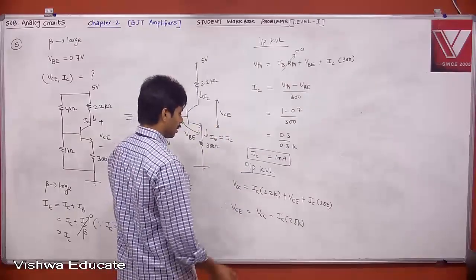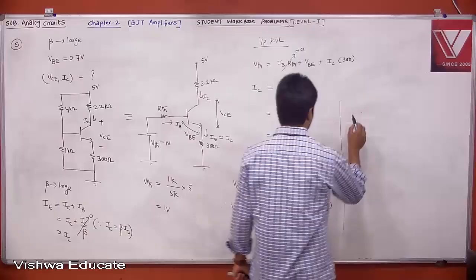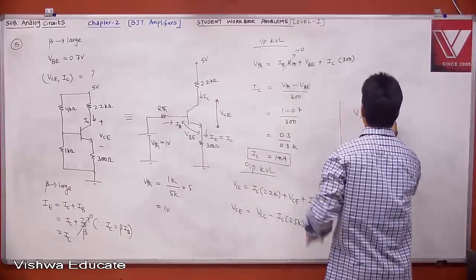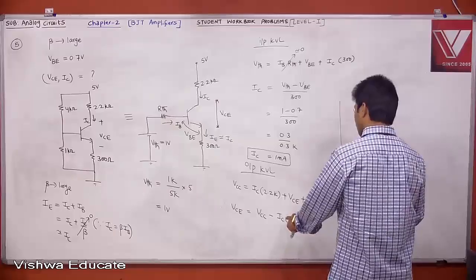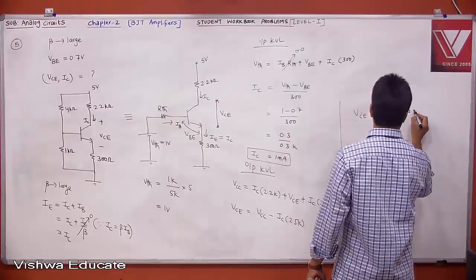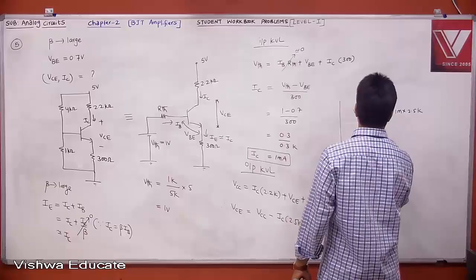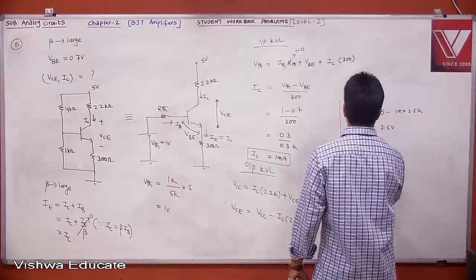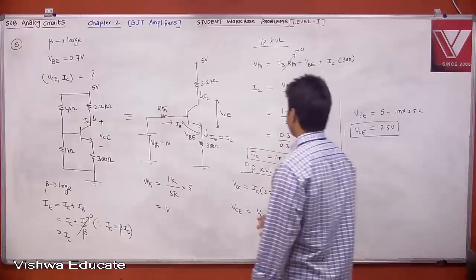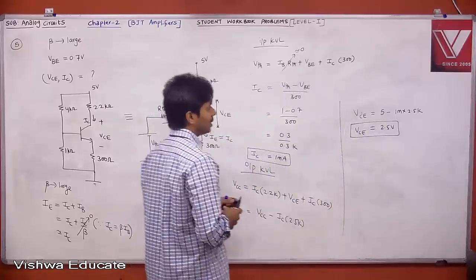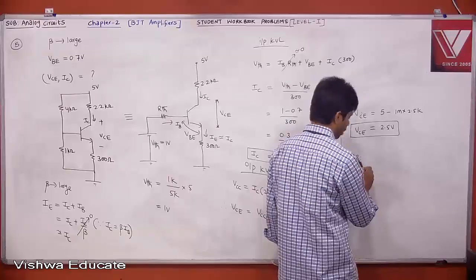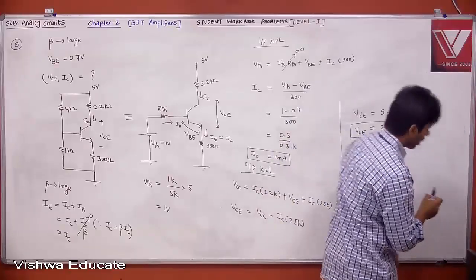That's it. Your VCE is equal to VCC 5 volt minus IC, already calculated 1 milli, into 2.5K, which is 2.5 volt. Therefore, IC is 1 milliampere and VCE is 2.5. Therefore, what is the answer from the options? Answer is C.